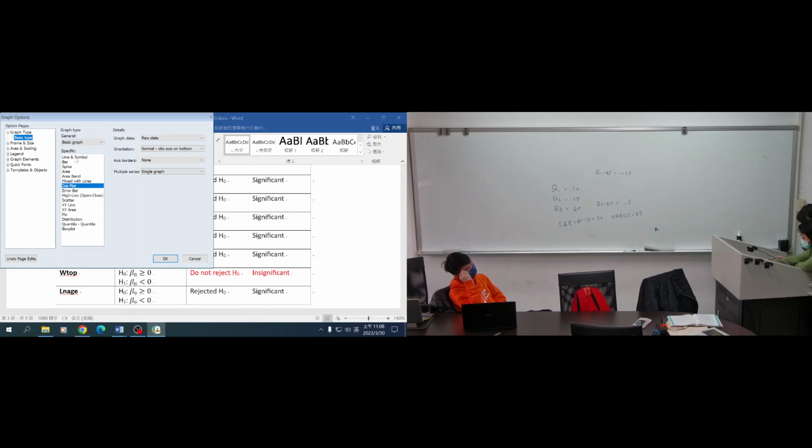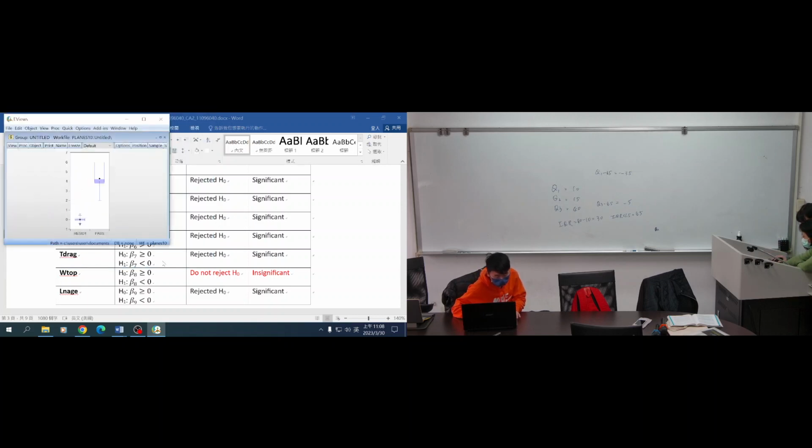This is the line, line and symbol. And this one is called box plot. Did you see that? The one he shows. Okay, maybe see this one.